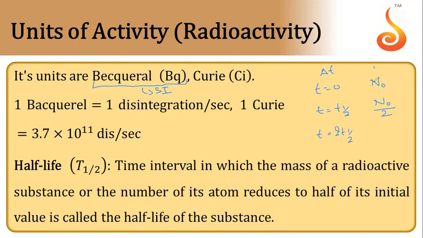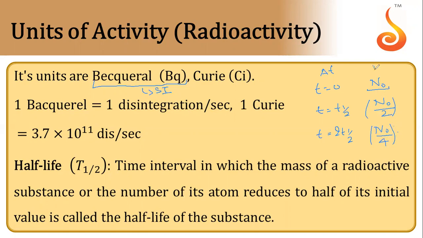In the first case, initially the number of atoms was N naught. In 1 half-life, half of these atoms will decay, so now the number of atoms is N naught by 2. After one more half-life, half of this value will decay, so the remaining will be N naught by 4.